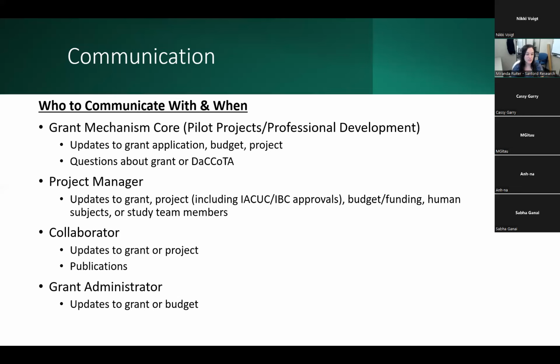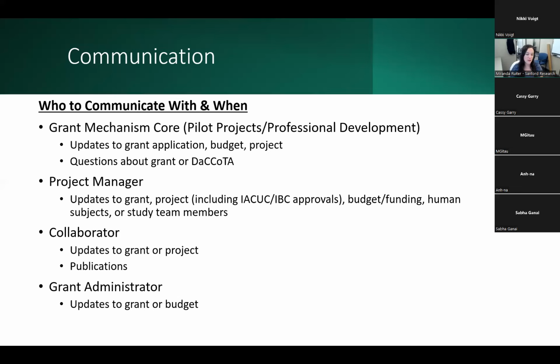Another person to consider would be your collaborator, clinician or non-clinician collaborator. So they do need to be communicated with when there's ever any changes to your grant or your project in any format, and then any changes or updates when you are going to publish. And the last kind of important person to make sure you communicate with throughout your development would be your grant administrator at your institution.